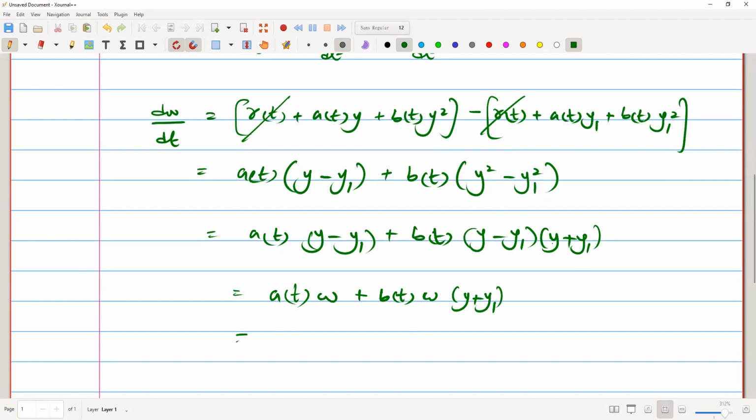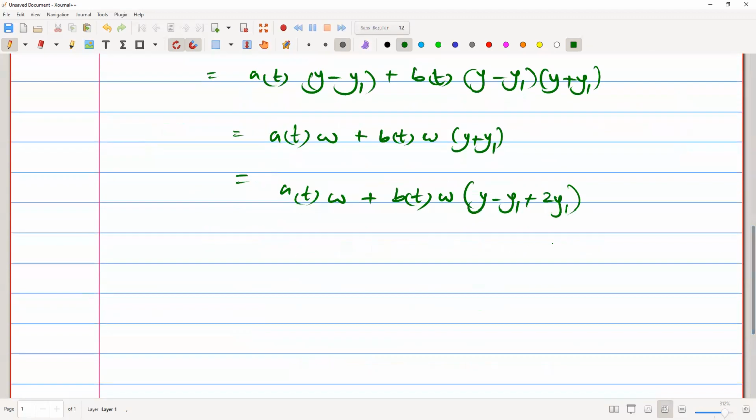And then we can further simplify this equation in this way. We can write b of t w, and for y plus y1 we can just write y minus y1 plus 2y1. So now we will have a of t times w plus b of t times w times w plus 2y1, right?